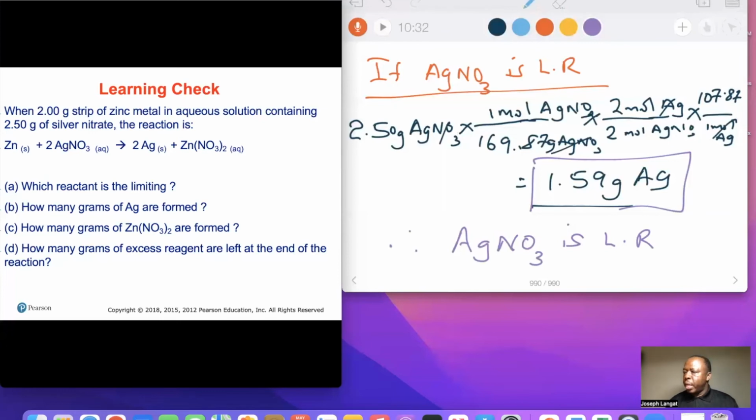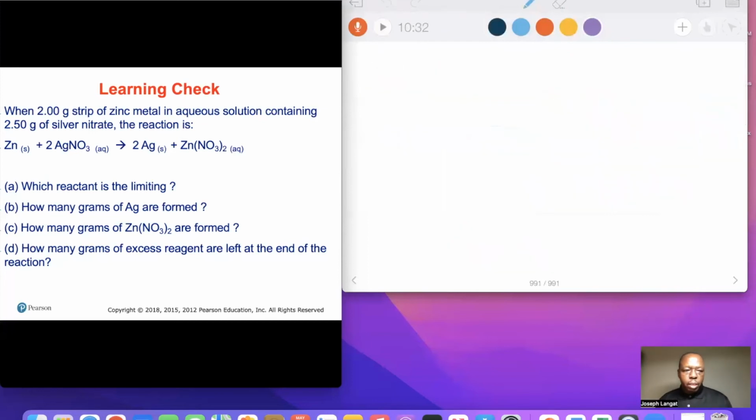So part A is taken care of. That's what you need to know. You assume one is the limiting reagent and see how much will be produced. Once I do that, I should be able to compare the two values. The one with less amount of the desired product is the limiting reagent.